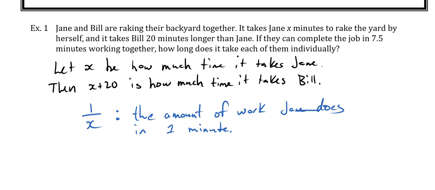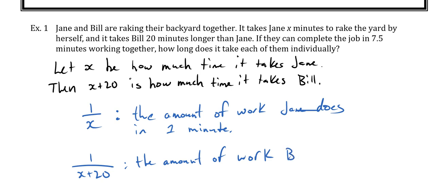What if x was 10? But then remind yourself x isn't 10, so you take the 10 out and put the x back in. And 1 over x plus 20 is the amount of work Bill does in 1 minute.